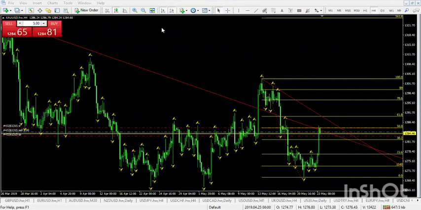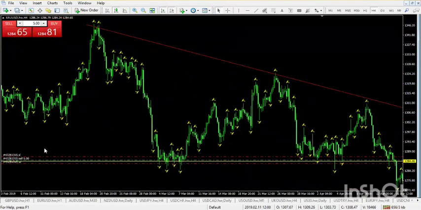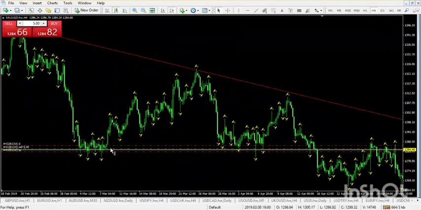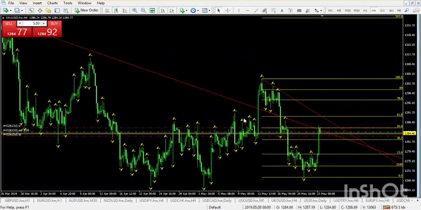The next pivot that we can locate is, so the next pivot is where we have put our take profit. Yes, I think it's take profit. Right here. I am not going to draw the line so that it doesn't overlap your take profit.